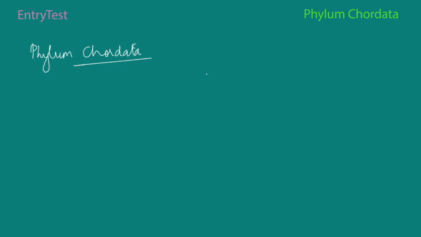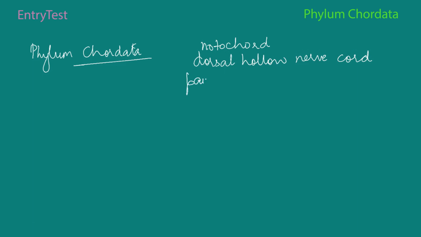The basic features of any animal belonging to this phylum include the presence of a notochord, presence of a dorsal hollow nerve cord, and paired pharyngeal gill slits. So these three features are an important composition of this phylum Chordata.